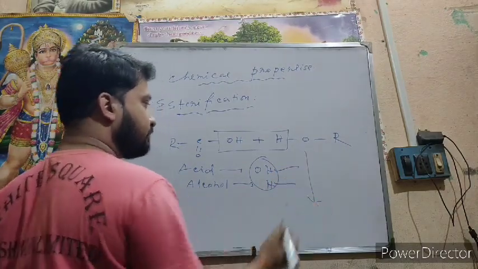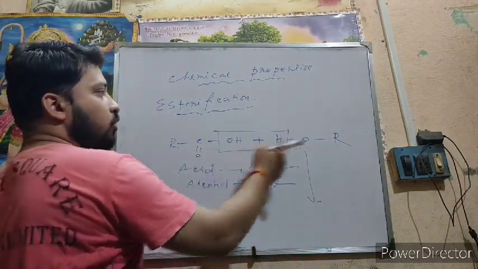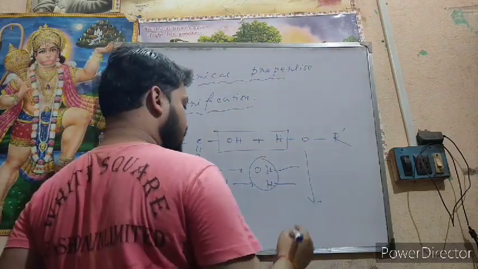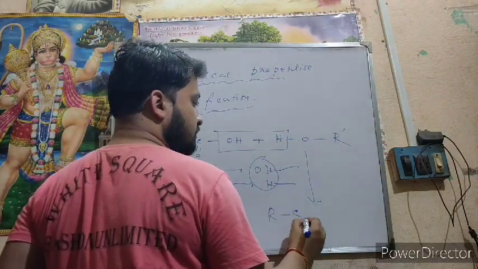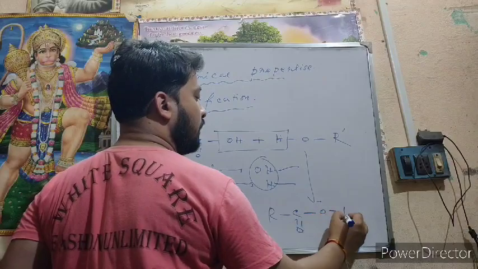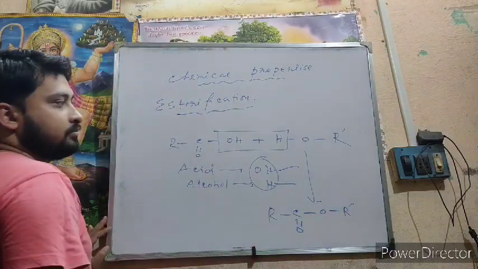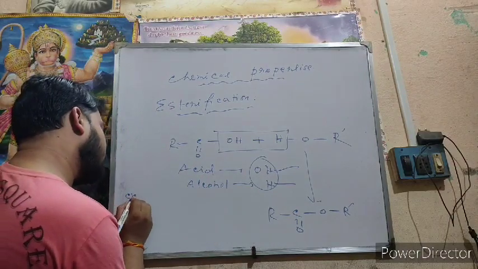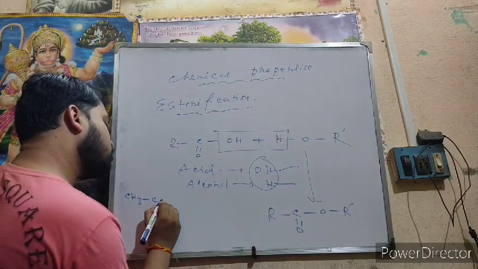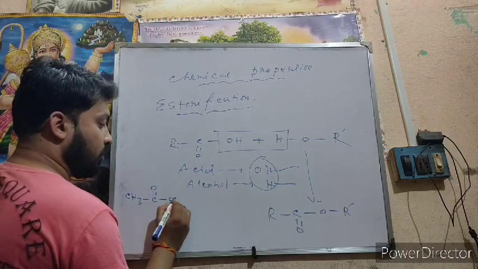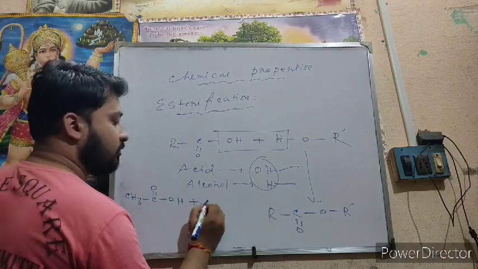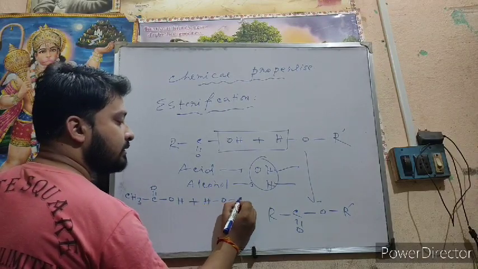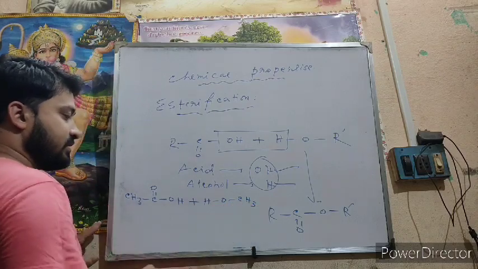So the product is RCOOR dash. Okay. To understand it, take CH3COOH, acetic acid, and you also take an alcohol, CH3OH.